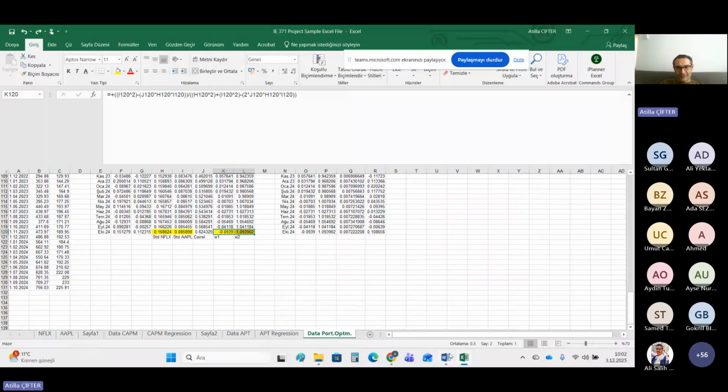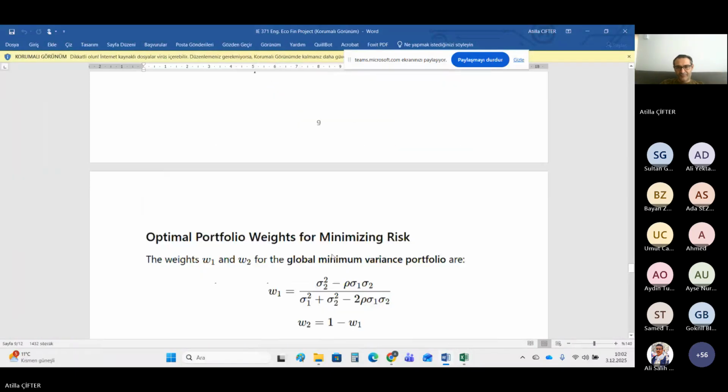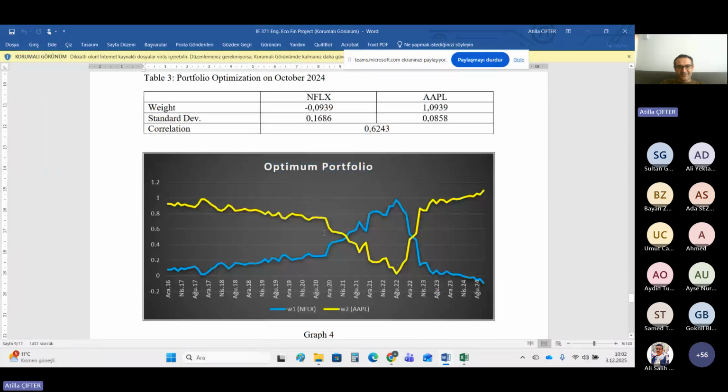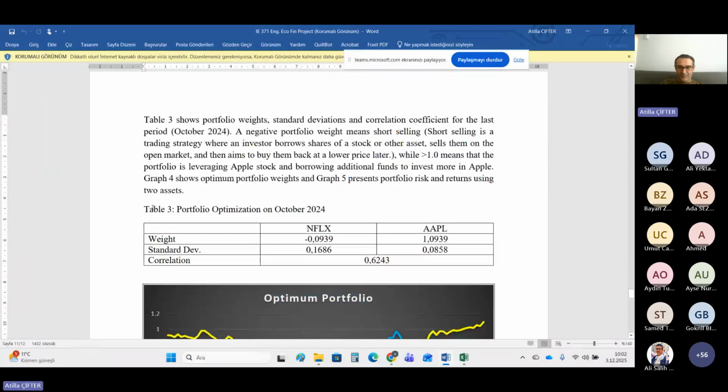Then go to the Excel file and update this Word file, the project. You update these variables: weights, standard deviation, and correlation. Instead of taking the average, I just take the last observation, because you can see that it is portfolio optimization on October 2024.